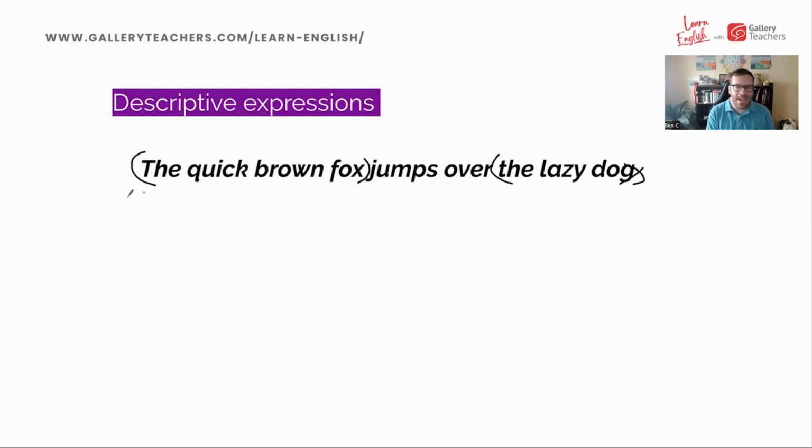Now you can see that we've got a noun for fox and another noun for dog, and then we've got an adjective before these nouns. So these are descriptive expressions where you have a noun that is preceded by adjectives. You could also have verbs preceded by adverbs.